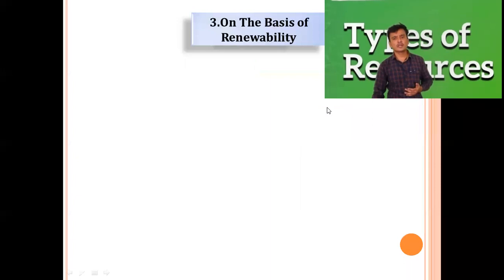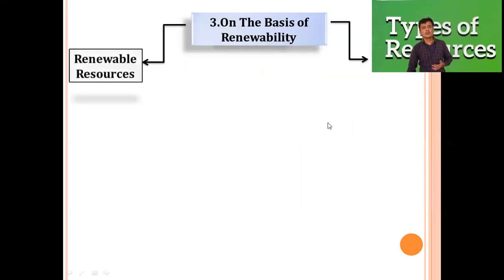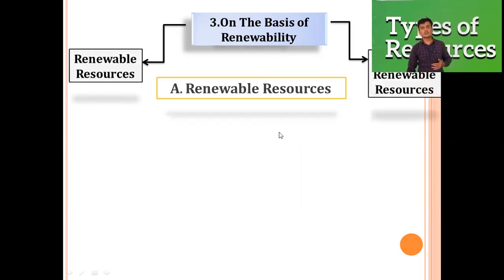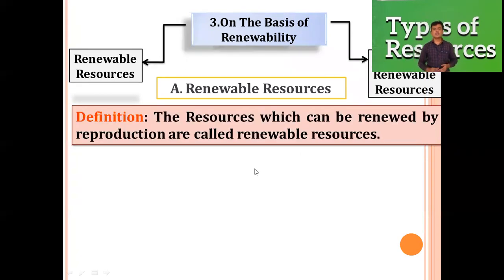Now the next type is on the basis of renewability. There are two types: the renewable resources and the non-renewable resources. Renewable resource means what? The resources which can be renewed by reproduction are called renewable resources.